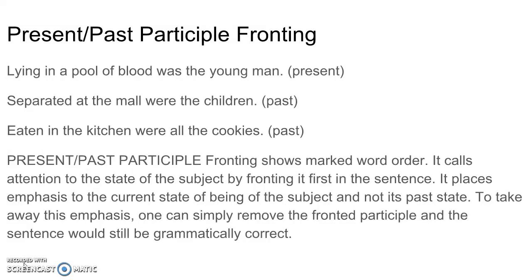If I take away that present participle lying and I just have in a pool of blood was the young man, that sentence still makes sense, but it doesn't tell me his current state. It tells me maybe a past state or maybe a future state. So the present participle is helping me know what's going on at that time.